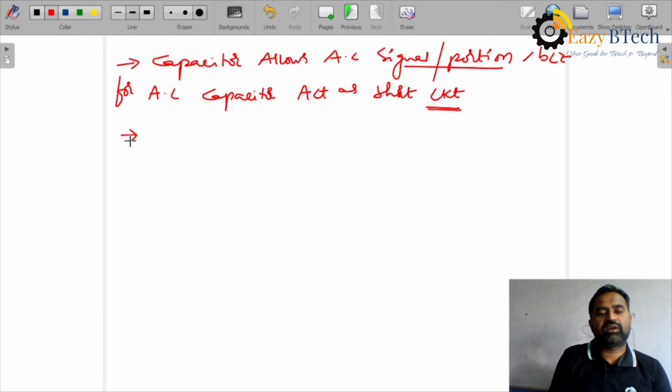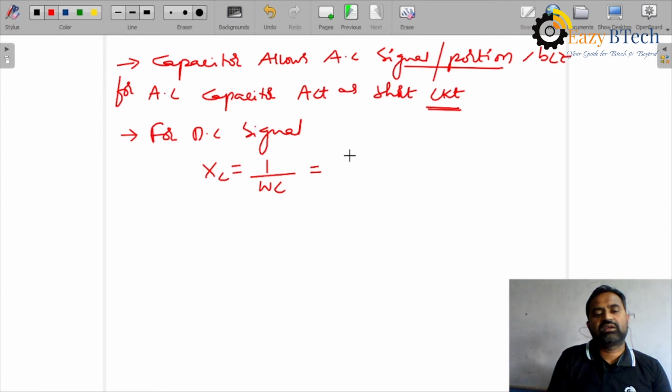Now similarly for a DC signal, Xc is equal to 1 by omega c, that is 1 by 2 pi f.